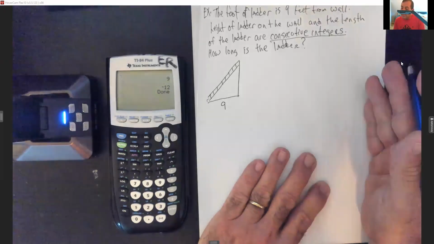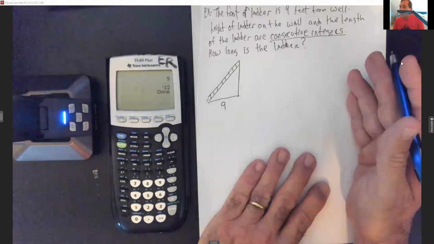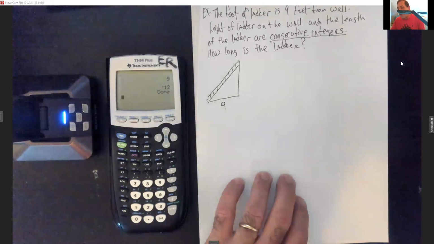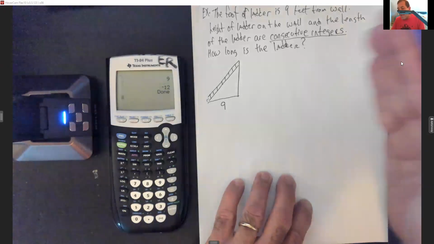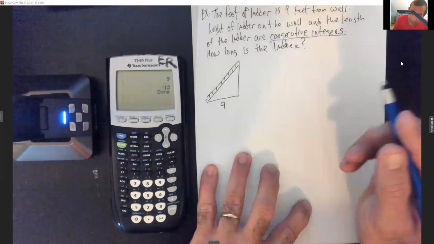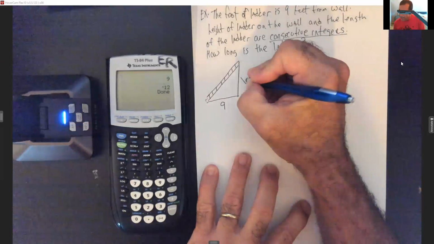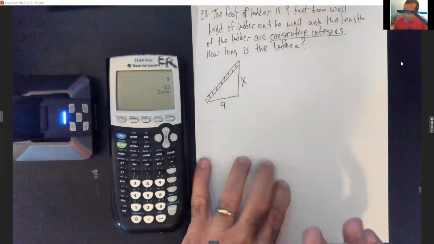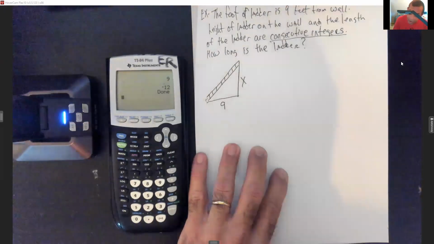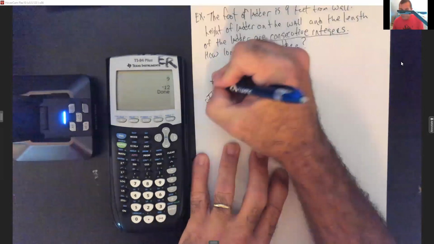So x, and then x plus 1. And if you kept going, you'd have x plus 2, x plus 3. To go from one integer to the next, you would just add 1 to it. So if this side is my x, I don't know how long that is. The ladder, since it's a consecutive integer, would be x plus 1.